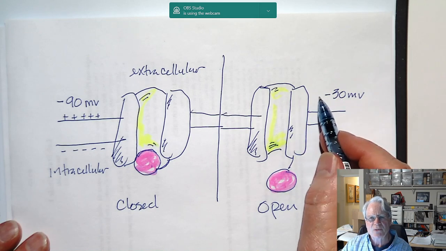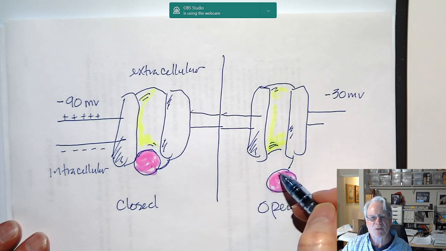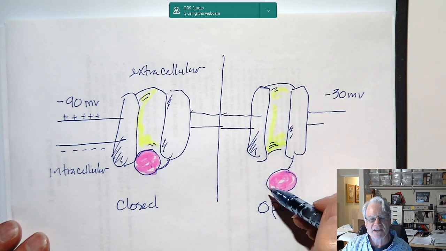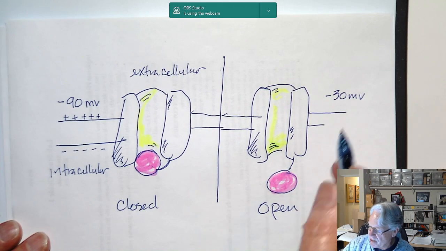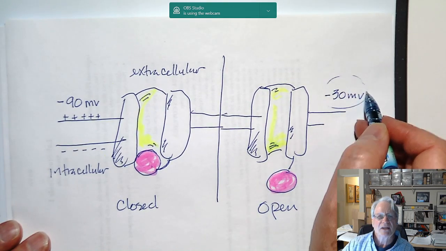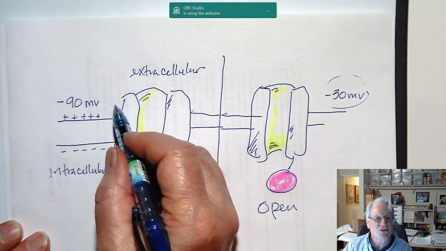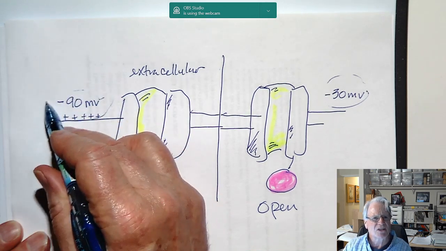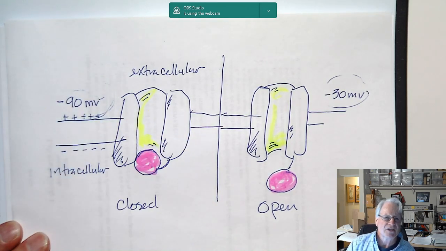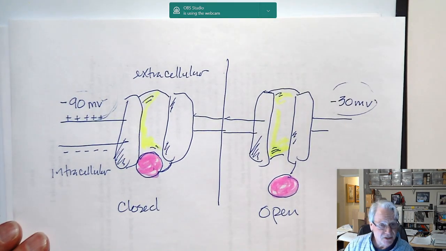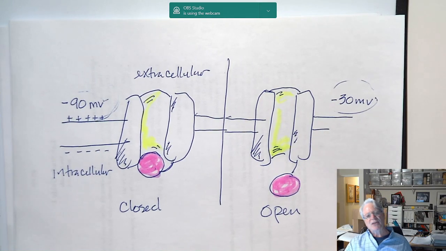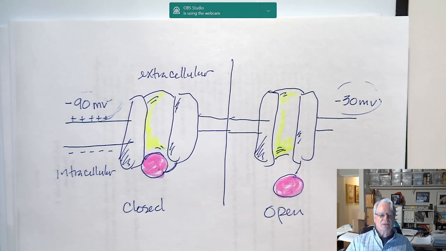When it reads that difference, this will pop open, and then, of course, ions will move. So it's open because that stimulus causes it to open, and it's closed when it's experiencing this condition. Okay, so that's an example of voltage-gated ion channels and how they operate and what they do.